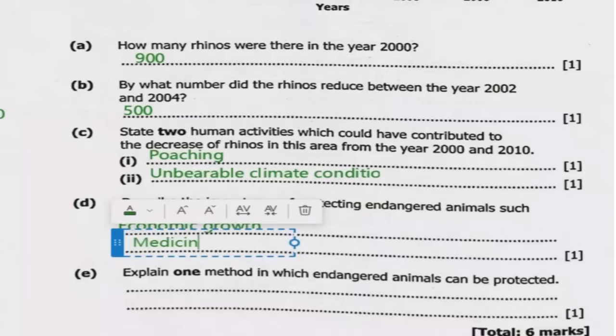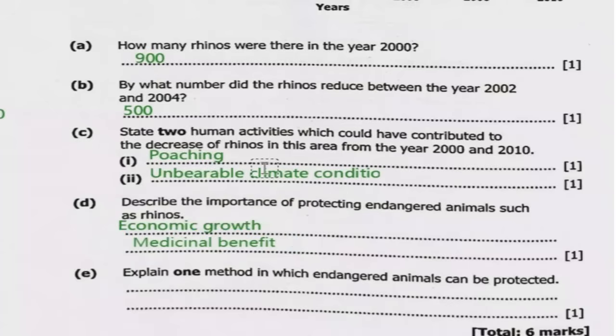Okay, horns will be used to make medicine. So that is the other benefit. Those are the two benefits: economic benefits and medicinal benefits.